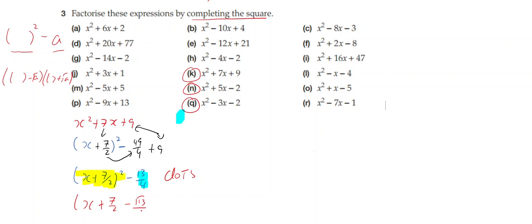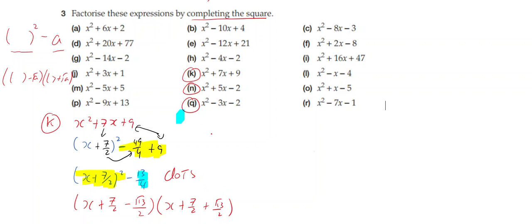The square root of 4 is 2. We've got x plus 7 over 2 plus root 13 over 2. So that's basically what the dots factorization is. I guess the sticking point is how to combine these two fractions and how to use dots. Once you get over that hump, it's actually not that hard.